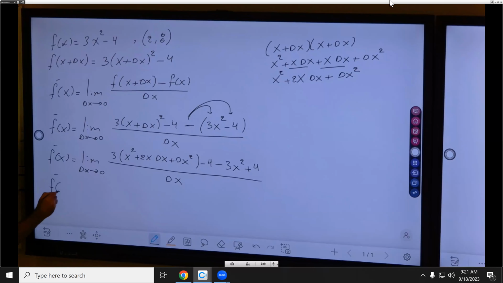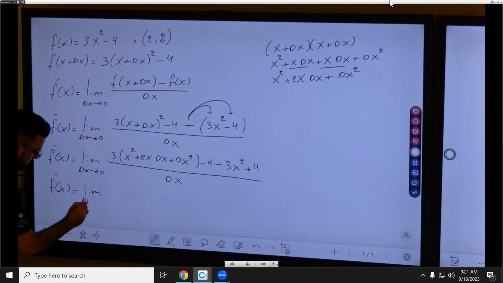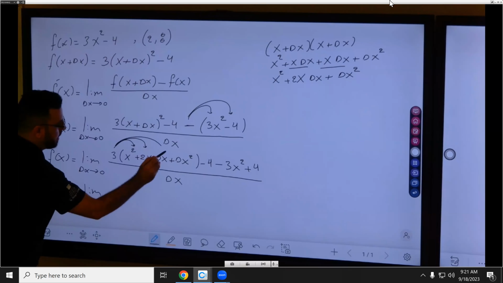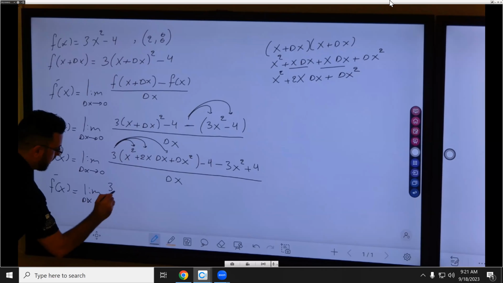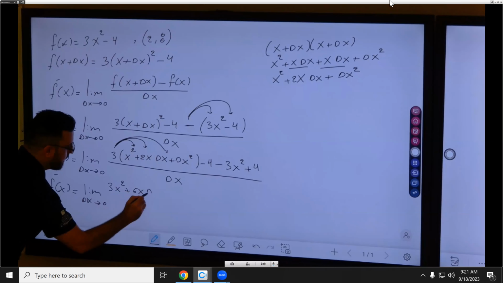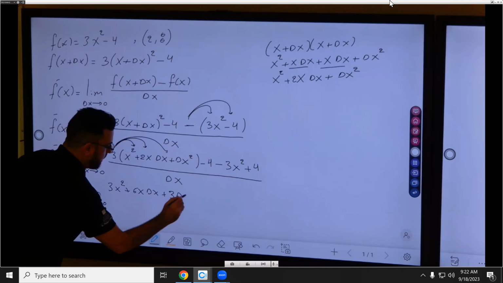f prime of x is going to equal the limit as delta x approaches 0. I'm going to distribute the 3 here. So it's going to be 3x squared plus 6x delta x plus 3 delta x squared.